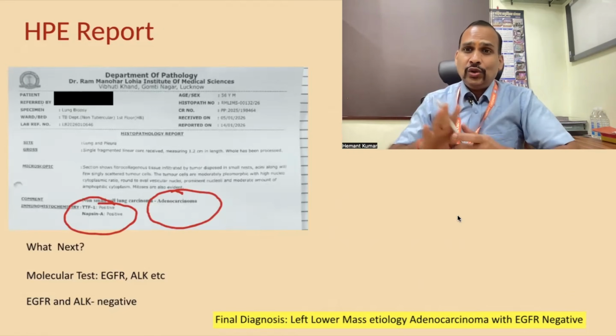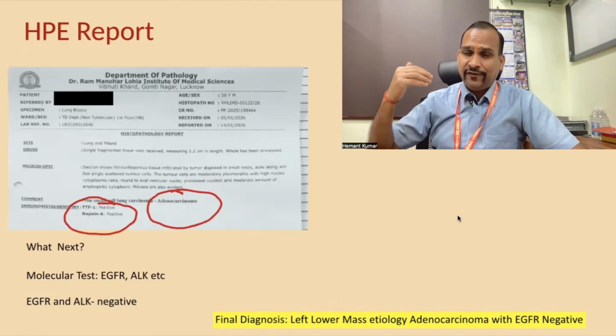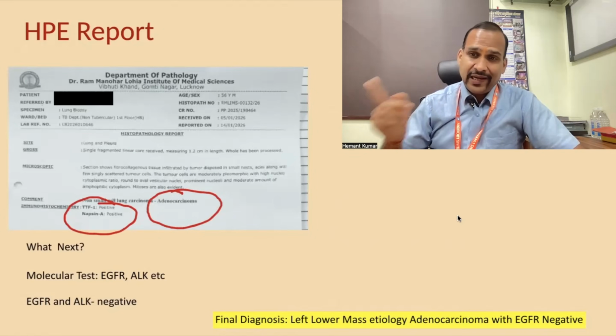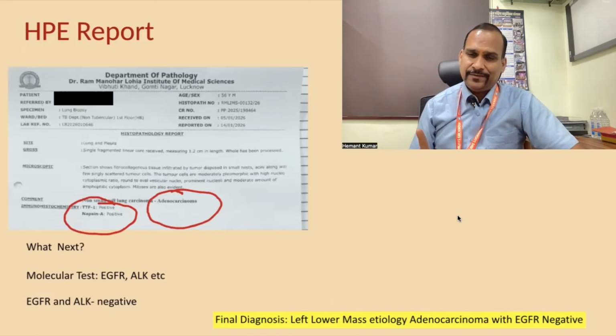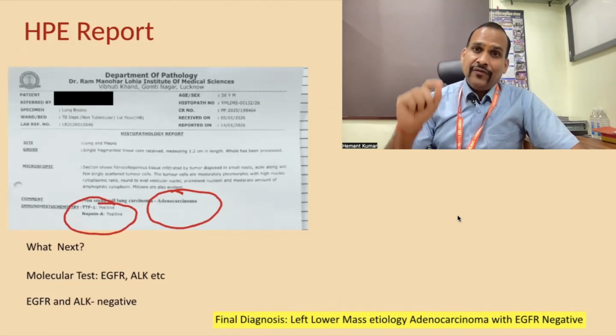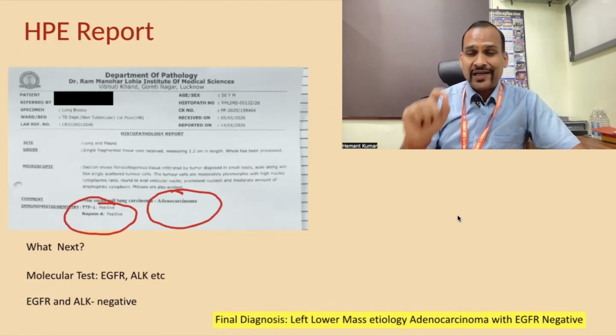Okay. So now you have a middle-aged patient, chronic smoker, left lower lobe mass with adenocarcinoma. Now your duty is to manage this patient, or you have to treat this patient. So remember, when you get adenocarcinoma, you have to send a sample for targeted therapy.